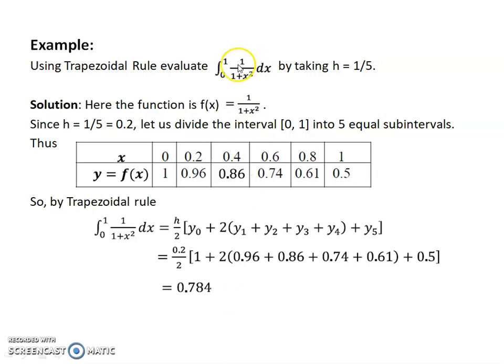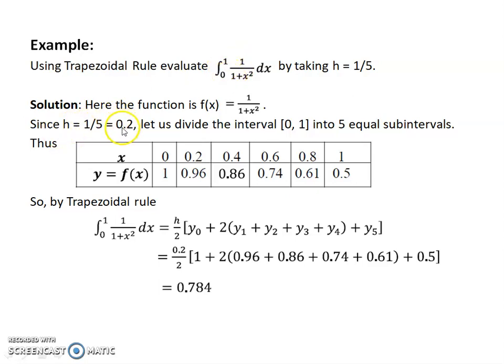Compute the integration of 1 divided by 1 plus x square dx from 0 to 1 using the trapezoidal rule by taking h as 1 by 5. Here the function f(x) is 1 divided by 1 plus x square. Since our h is 1 by 5 and our limits are from 0 to 1, we have to divide the interval 0 to 1 into 5 equal parts.